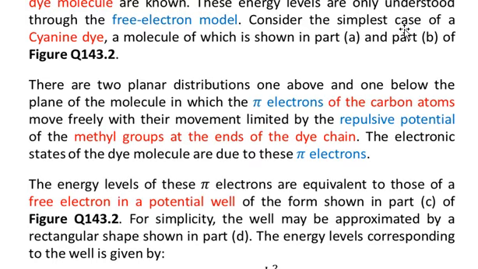So we have shown the simplest case of a cyanine dye, a molecule of which is shown in part A and part D of figure 2, which I have just gone through. There are two planar distributions, one above and one below the plane of the molecule, in which pi electrons of the carbon atoms move freely, with their movement limited by the repulsive potential of the methyl group at the ends of the dye chain.